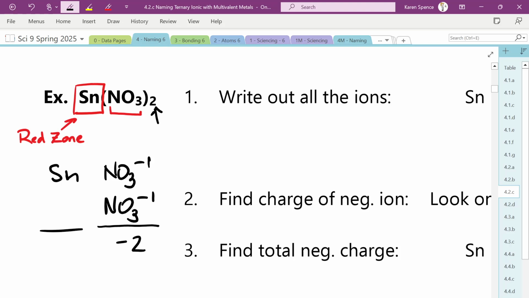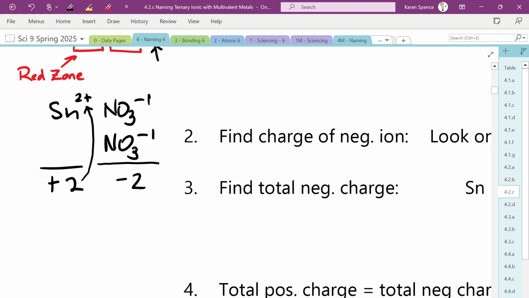That means the positive has to be opposite that. The positive has to be +2, which means that tin is 2 plus. And that charge right there is the Roman numeral. So this is going to be named tin 2 nitrate.